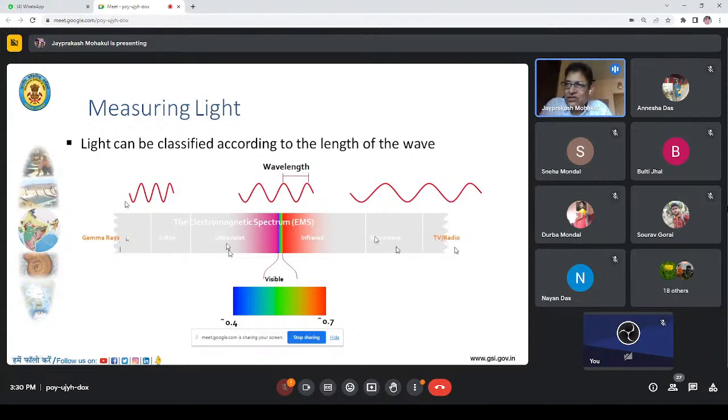Whereas microwave, like all our airport radar, in fact the landing of aircraft is managed through this microwave range, because microwave can penetrate the clouds, so it is not affected. This form of electromagnetic energy is useful for both remote sensing as well as for other purposes, as we discussed.